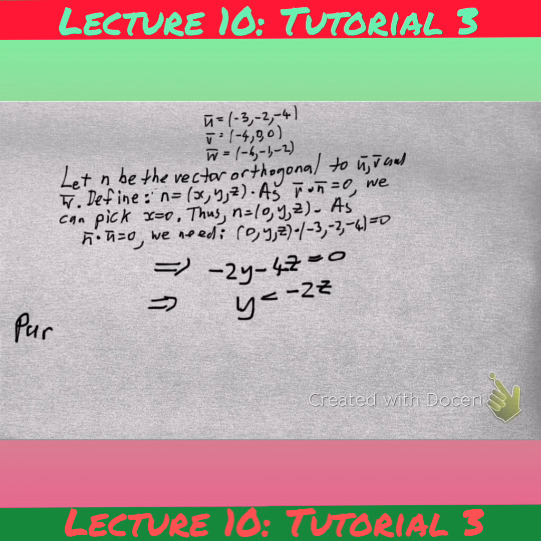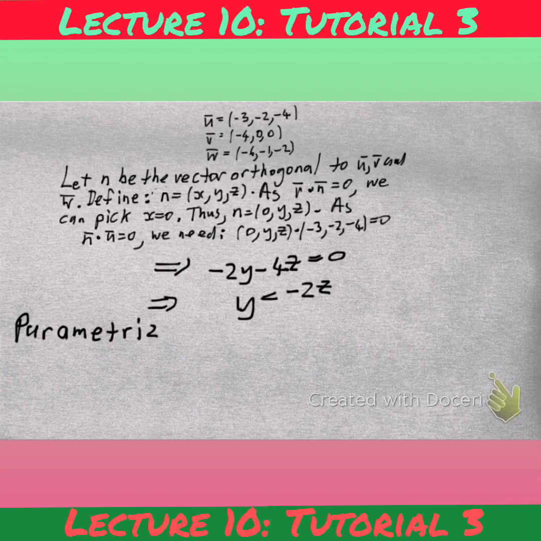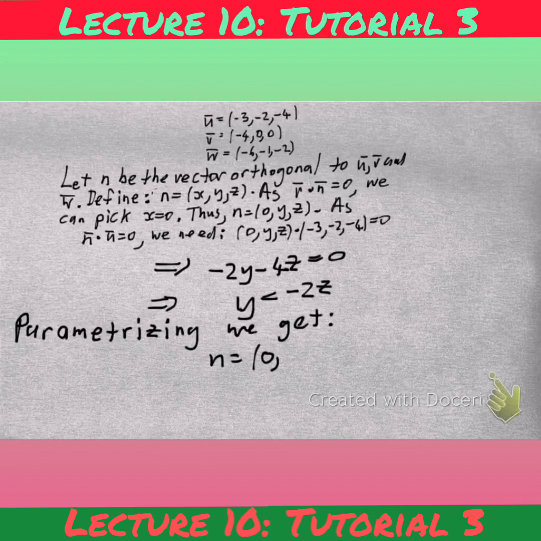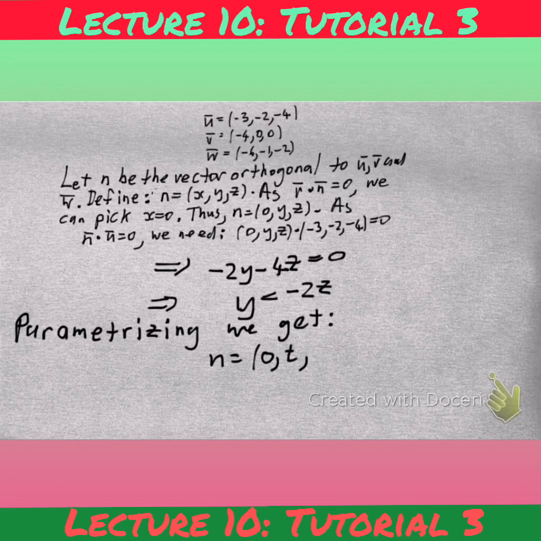So parameterizing, we get that you can let this vector be 0, t, and if you make y t, then z is minus a half of t, where t is a real number.